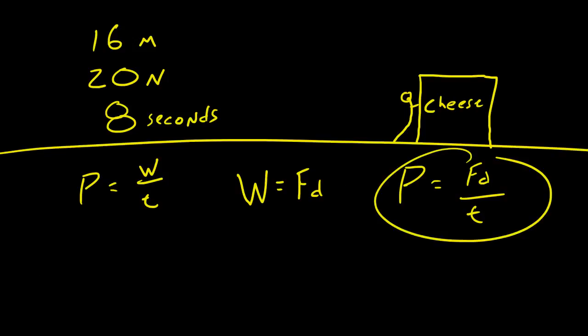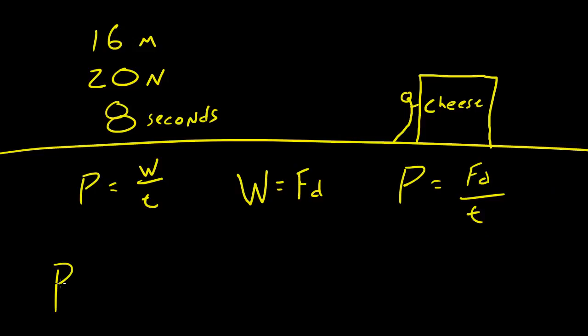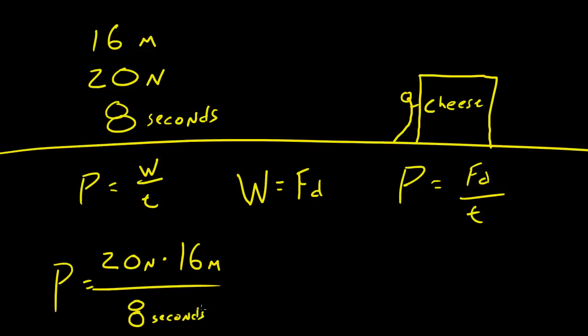Using this final formula, we can say that the power, what you're trying to figure out, equals force of 20 newtons times displacement, how far you moved it, 16 meters, over a total time of 8 seconds. Now if we run some calculations, 20 times 16, and I'm going to throw out my units right now. Power equals 20 times 16, which is, if I'm correct, 320 over 8 seconds.